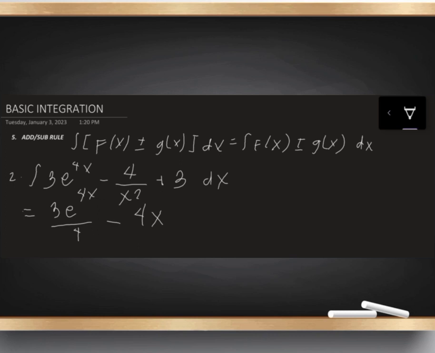So negative 2 plus 1 is negative 1 over negative 1, plus 3, all we have to do is add x, so 3x.